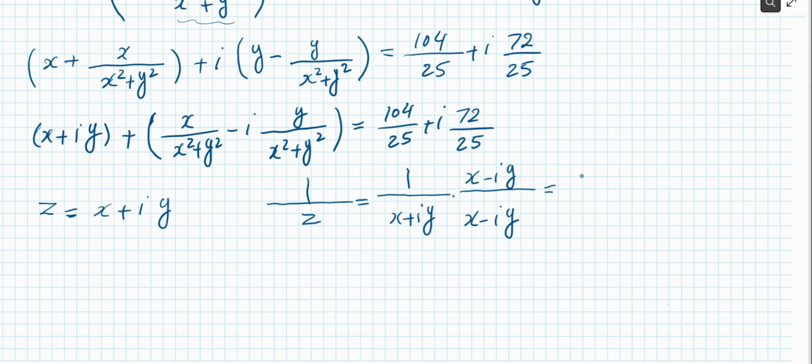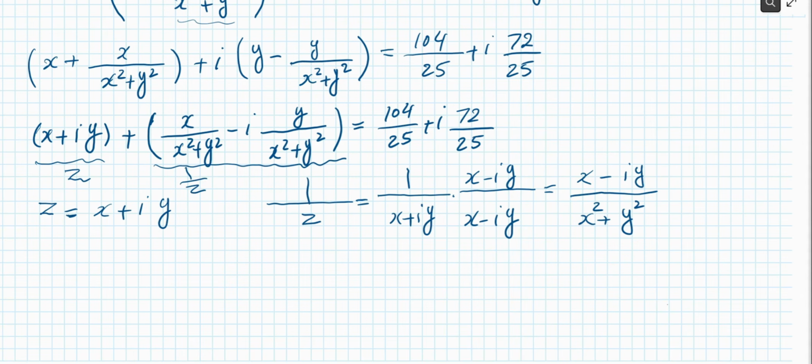And then this would be x minus iy over x squared plus y squared. So in the original equation, if this term is z, this term would be 1 over z.